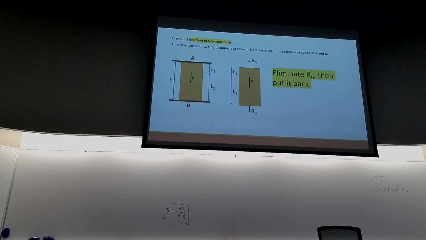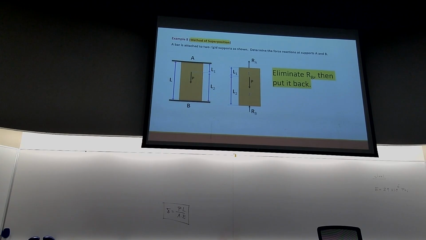Obviously, we are not going to eliminate P because then there is no problem to solve. So I'm just going to remove RB and then we'll put it back. So we do this in two pieces. Eliminating RB means that we imagine that the lower support has been removed. No support, no force.